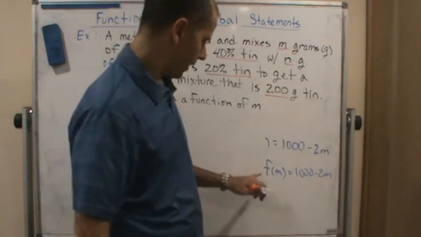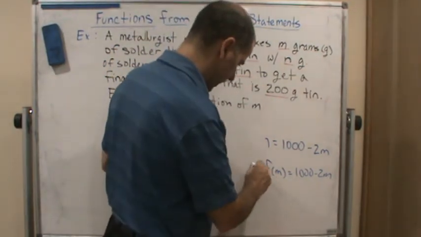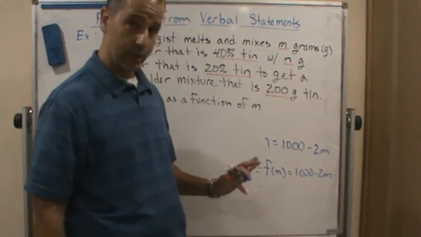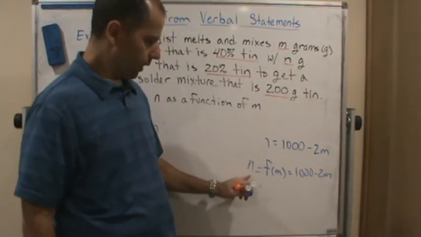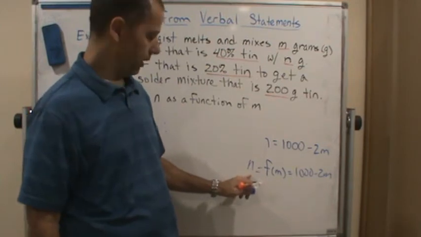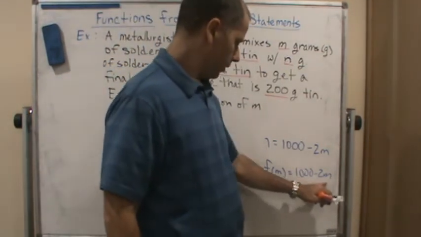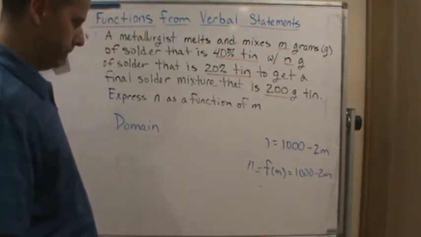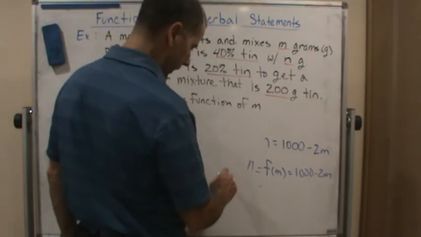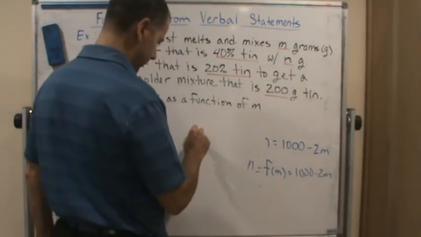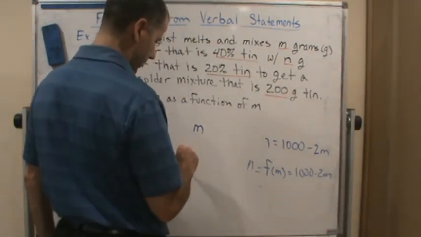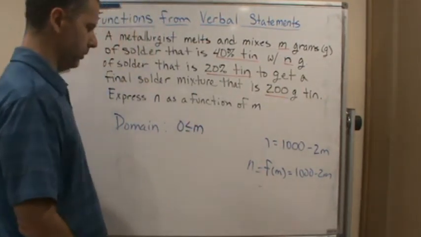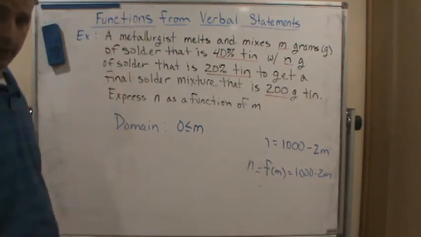But, so this is n. So m is only going to be restricted because n can't be negative. So what happens to this? Well, m is greater than or equal to 0, that's true. But can it go off to infinity?